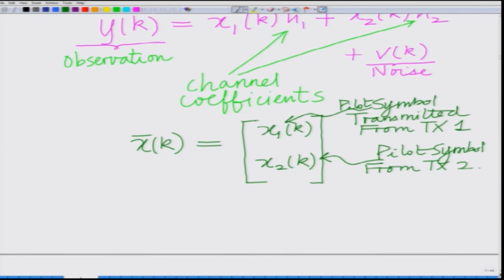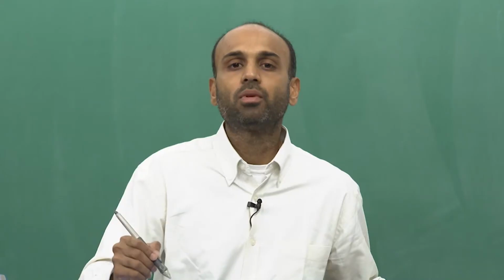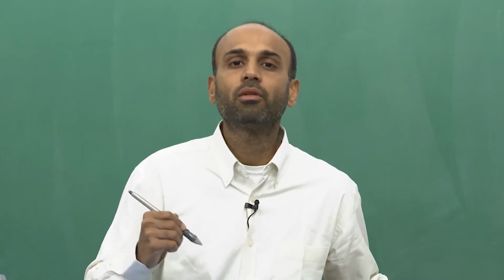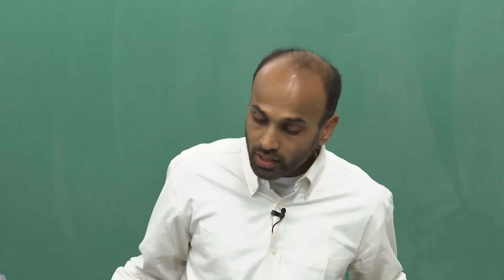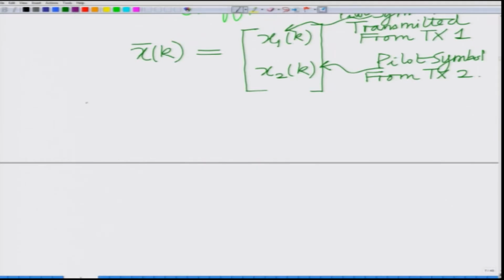In fact, both are pilot symbols. So, this is the pilot vector x bar of k, which consists of two pilot symbols, x1k from transmit antenna 1, x2k from transmit antenna 2. Alright. Now, each of these is a pilot vector. So, this is the pilot vector at time instant k.